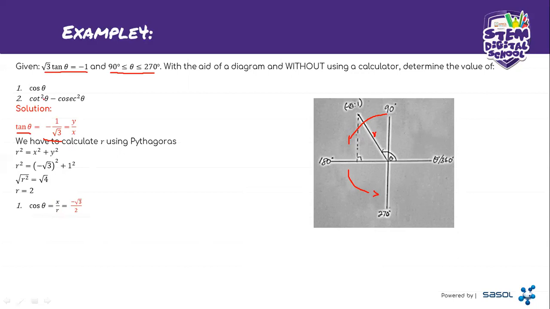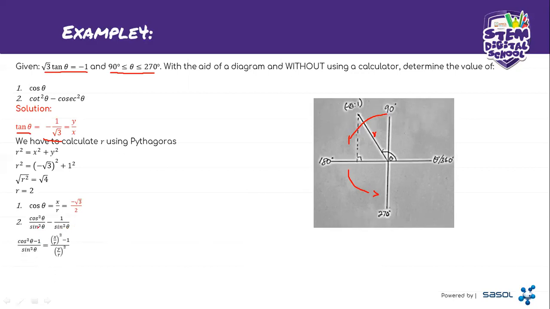And then cot squared theta minus cosec squared theta. Then we need to do reciprocals. Cot squared theta equals cos squared theta over sine squared theta, and cosec squared theta equals 1 over sine squared theta.